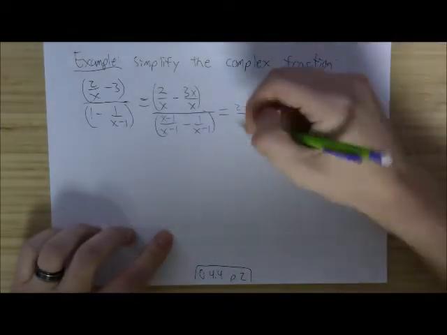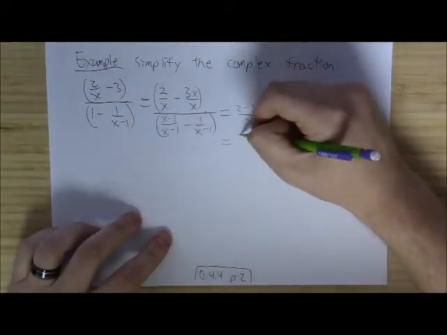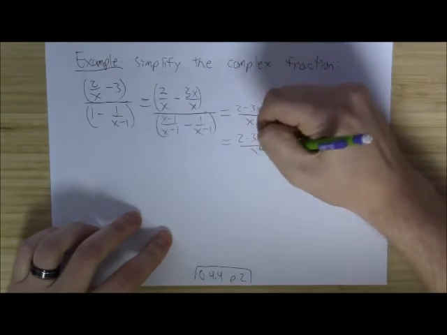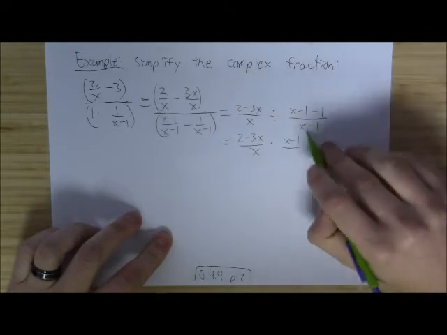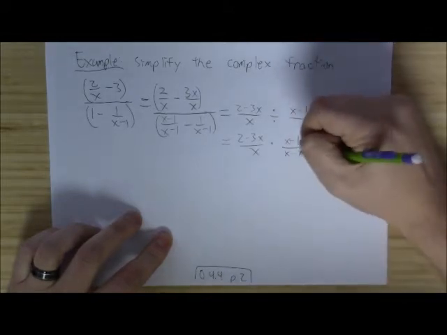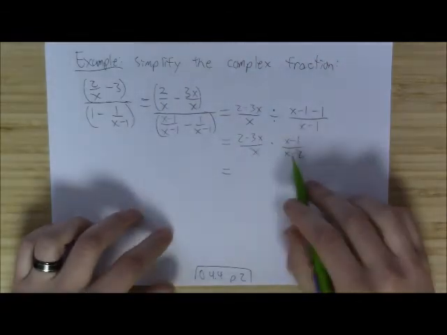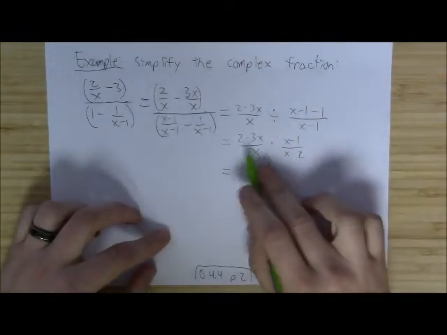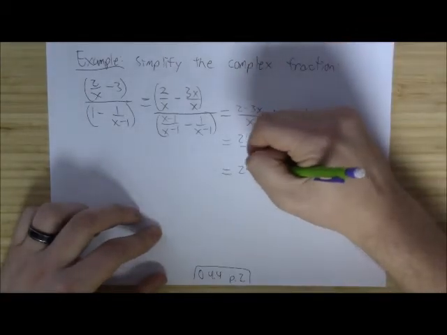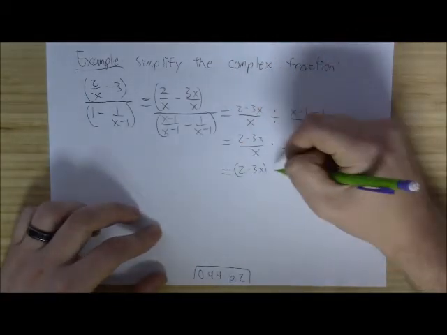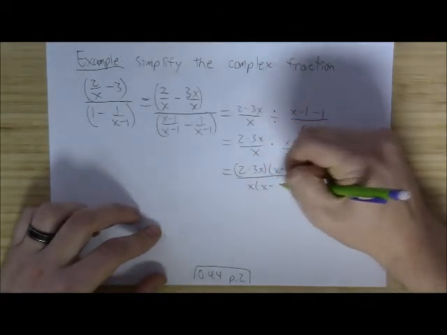Well, if we go ahead and flip and simplify, we have 2 minus 3x over x times x minus 1 over x minus 2. And then we can go ahead and just multiply, do the multiplication through. So what we end up with is 2 minus 3x times x minus 1 over x times x minus 2.